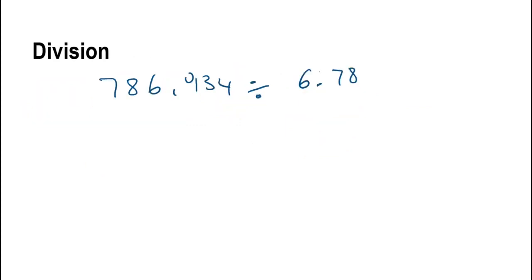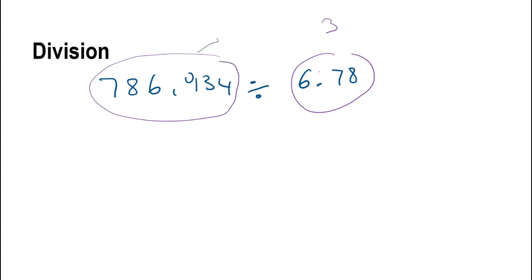Okay, let's do this one. 786.934 divided by 6.78. Now we have here 3 significant. Here we have 6. So we keep the least significant figures. First, we do the math with the calculator. We'll drop the value like this, what you see on your calculator.